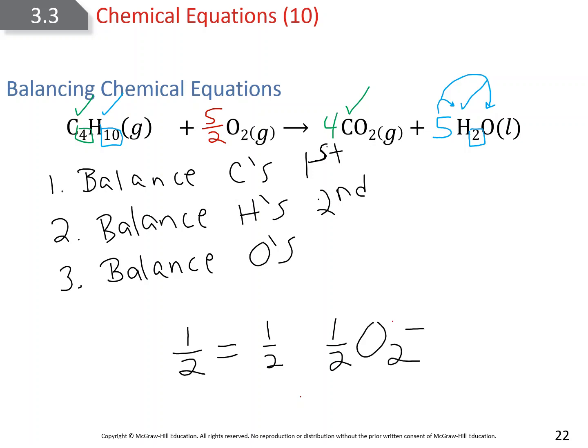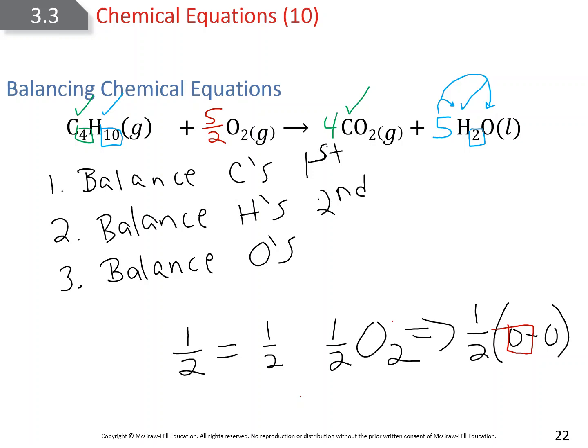Let me just say this one more different way. 1/2 of an oxygen bonded to an oxygen, what that really means is 1 oxygen. So in the same way, 5 over 2 oxygens means that those 2's cancel out. It's just a quick mathematical trick in order to easily and efficiently balance combustion equations.